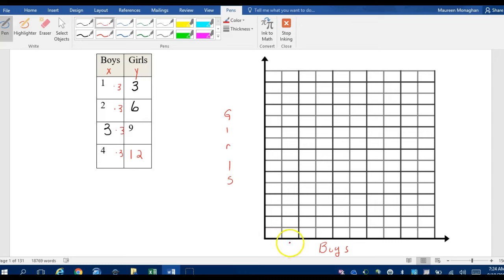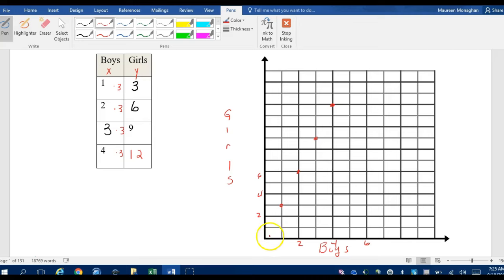Okay, 1 boy, we'll just do a couple of these. We'll go here, 2, 4, 6. 1 boy is going to be 3 girls, 1, 2, 3. Put a point there. 2 boys is 6. 3 boys is 9. And 4 boys is 12. Look what's happening.